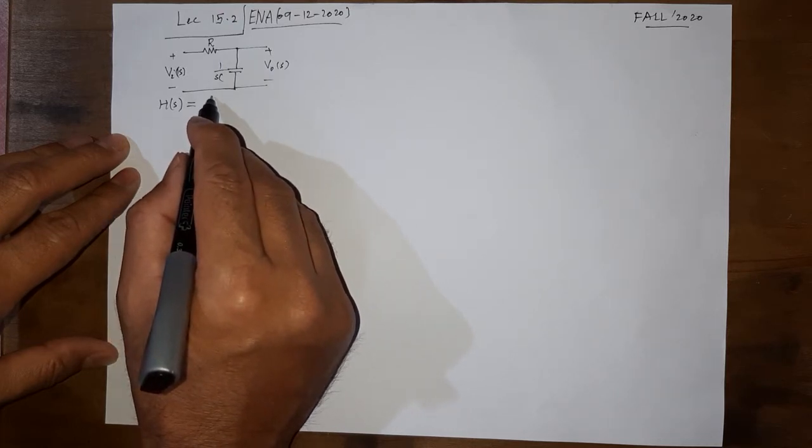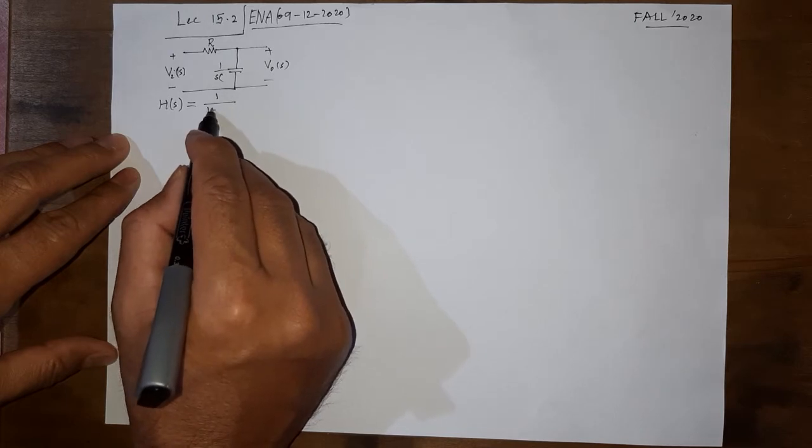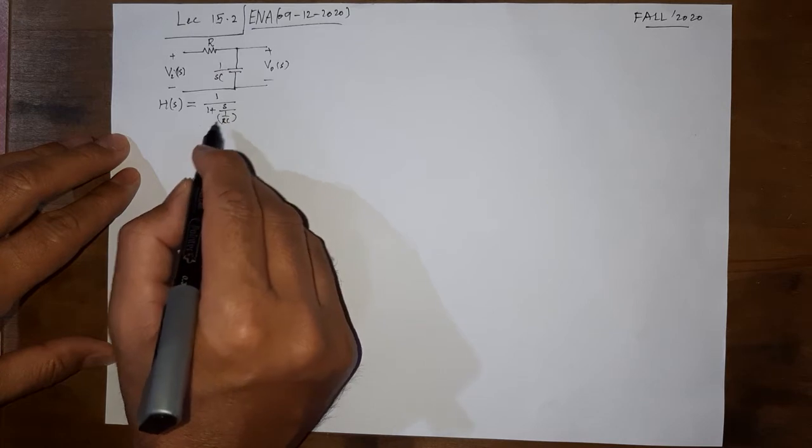Let me choose to write it in this way now: S over 1 over RC.